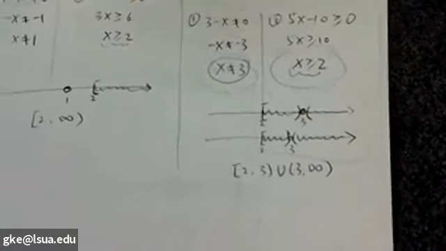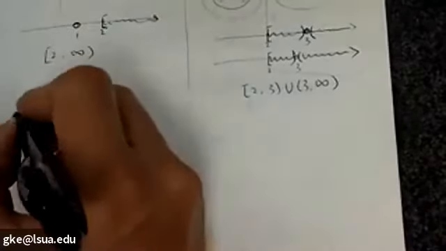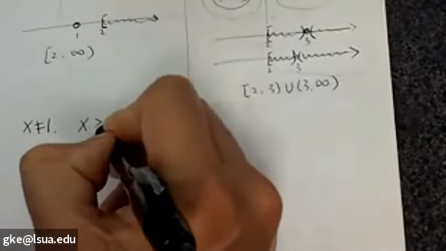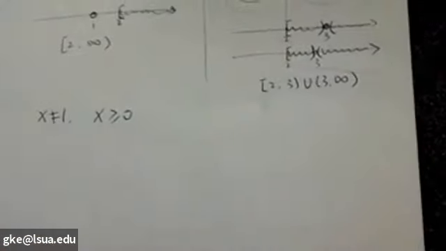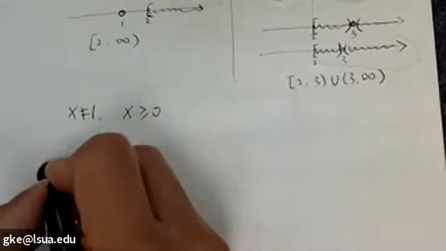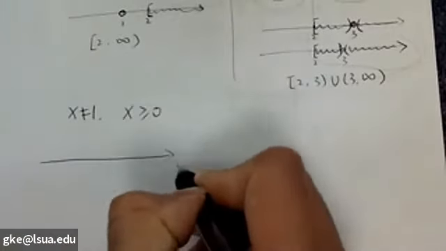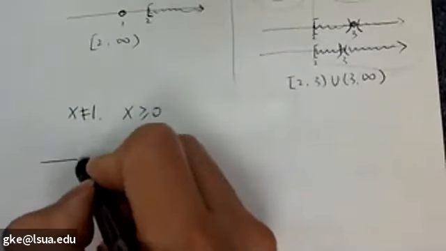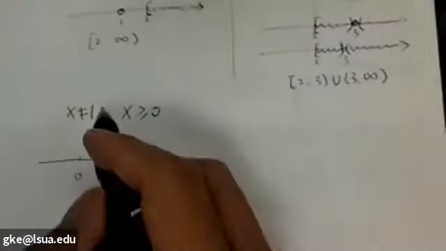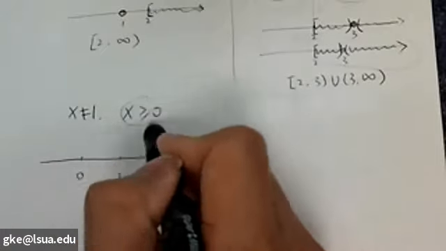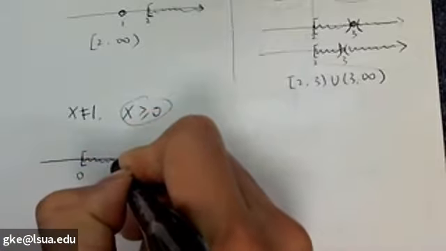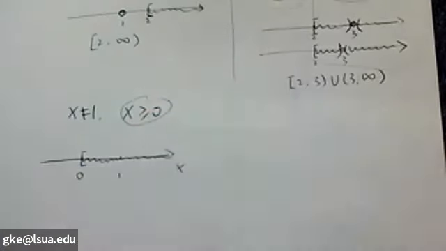Okay, now I give you guys another example like that. So x doesn't equal 1, x greater than or equal to 0. How to draw this guy? Put the 0 and 1 here, right? And for this guy, x greater than or equal to 0, that's very straightforward, right?